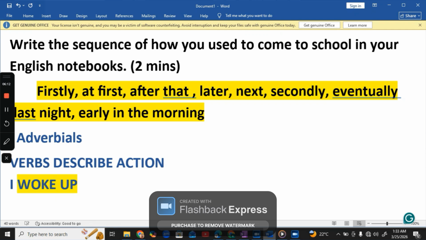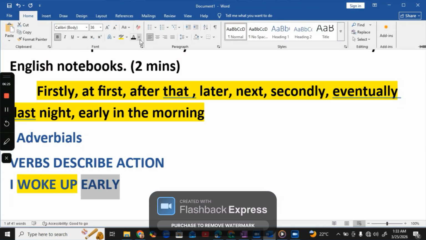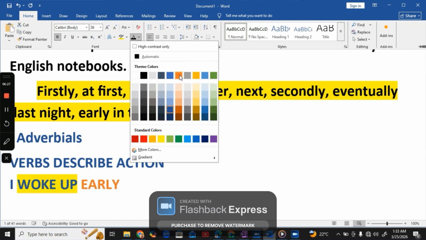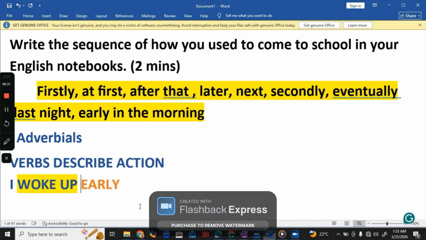But what if I add another word after it, which is I woke up early? This early word is basically a word which is telling us about waking up, right? When the action took place, basically. So this early is adding meaning to woke up. It is modifying woke up, which is a verb. Hence, it is an adverbial.